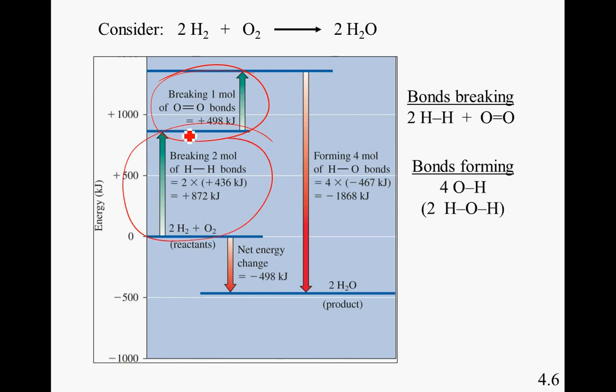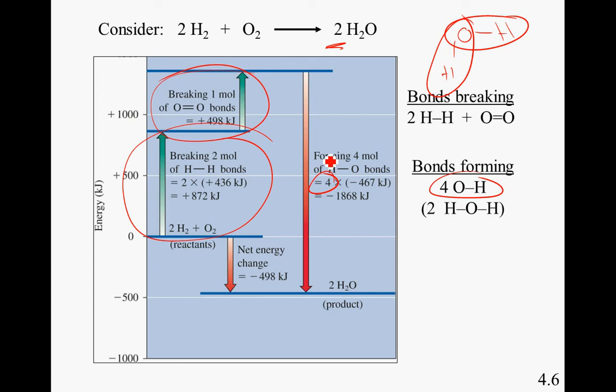When the water is formed, there are two bonds in water, two OH bonds. There's one here and one here. There's a 2 in front of the water, which means we had to multiply that by 2 again, which is why they get 4 here.